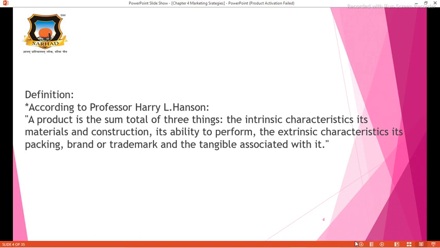A product is the sum total of 3 things: the intrinsic characteristics, its materials and construction, its ability to perform; the extrinsic characteristics, its packing, brand and trademark; and the service associated with it. Hence, the product has intrinsic and extrinsic characteristics.